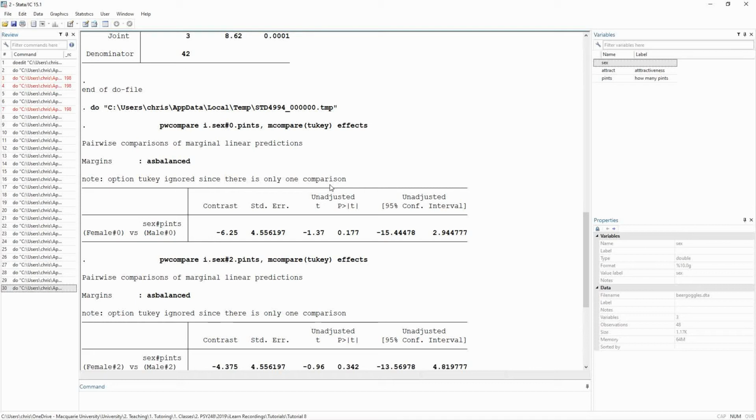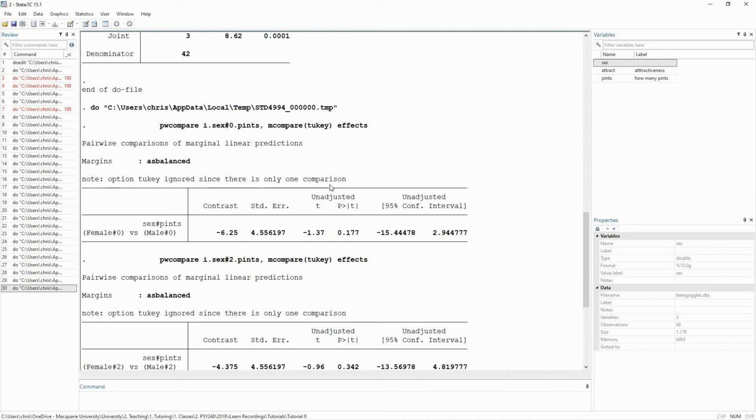This is a really interesting point because even though we have 3 tests, in this case we actually only have 2 groups that we're comparing together. And because we are only comparing 2 groups, in this case males and females, there's no adjustment that's happening. Because we're not looking at males versus females at 0 pines and then males versus some other gendered group at 0 pines.